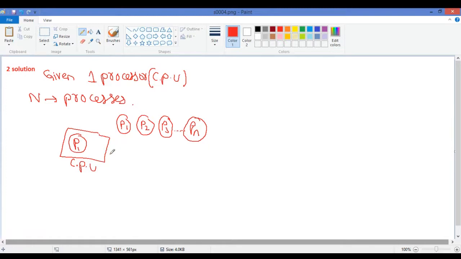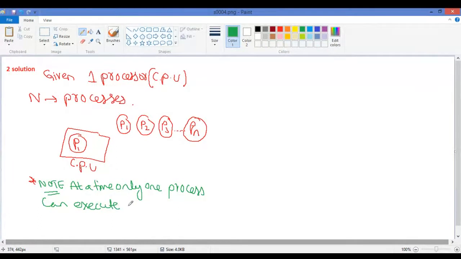Now, just remember that at a time only one process can execute on one CPU. So just note down that at a time only one process can execute in CPU.